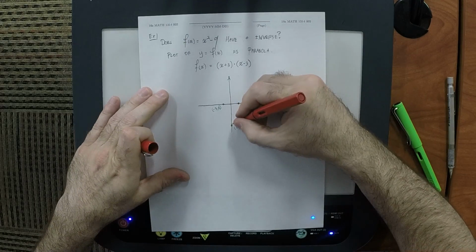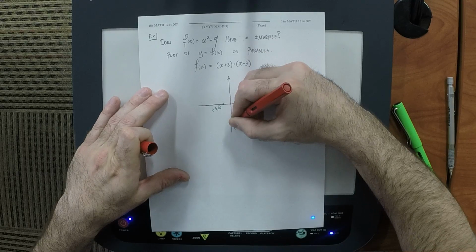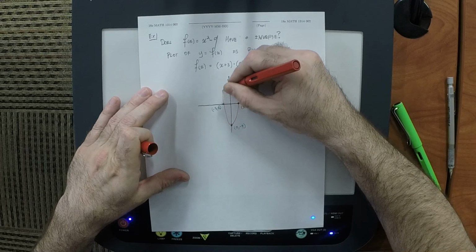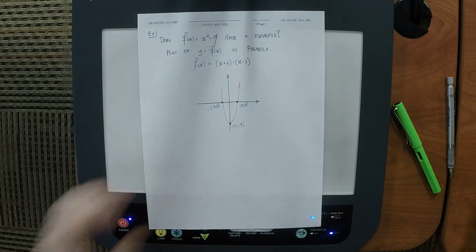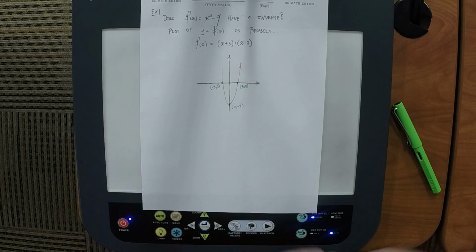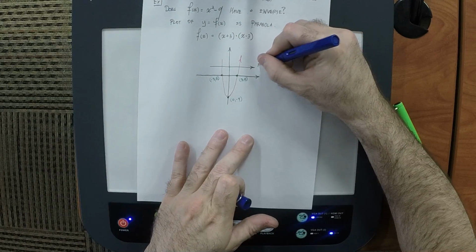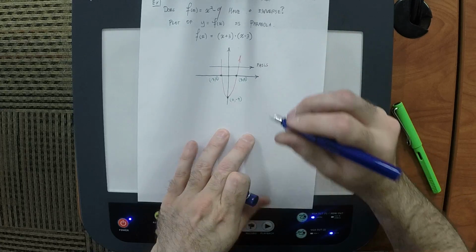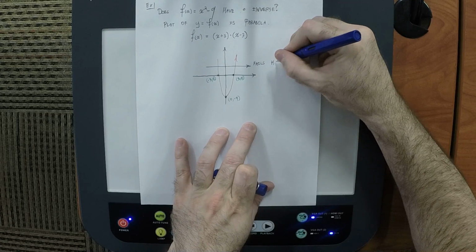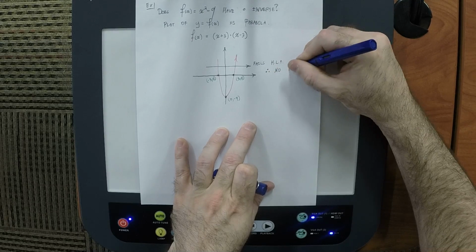And the parabola looks like this. So the answer to the question is no, it does not have a compositional inverse because it fails the horizontal line test. So now last remark. So it fails the horizontal line test, therefore no compositional inverse.